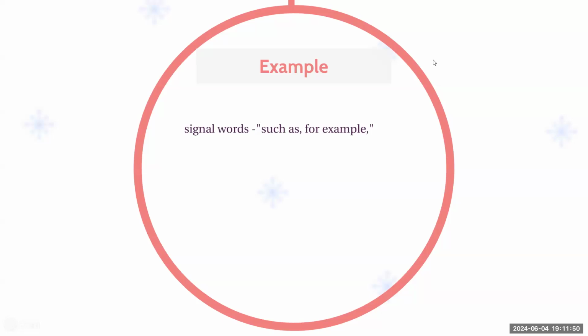It's going to take a minute to turn off. There we go. So it makes it easier for the reader to actually understand what they are reading. So for example, we have this sentence.